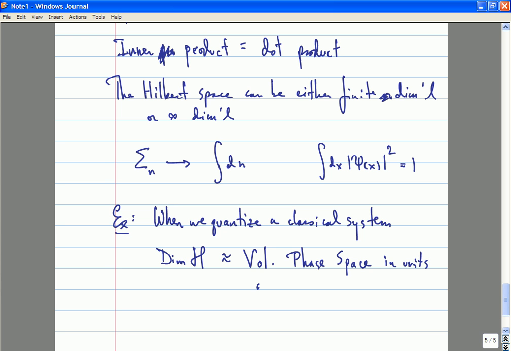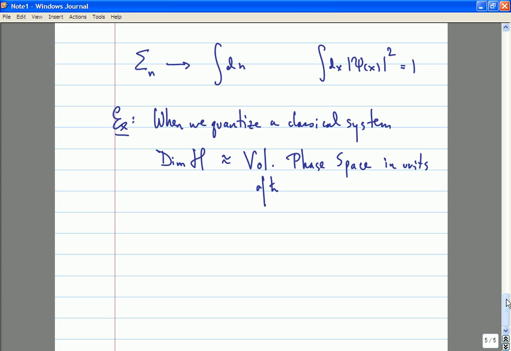Okay. So right now this is just a slogan. It may be one that you've seen before. It's a slogan that we will derive later on in this class when we consider semi-classical and WKB approximations. But for right now, I just want to introduce it as a handy mnemonic for guessing what sort of systems would have a finite or an infinite dimensional Hilbert space.